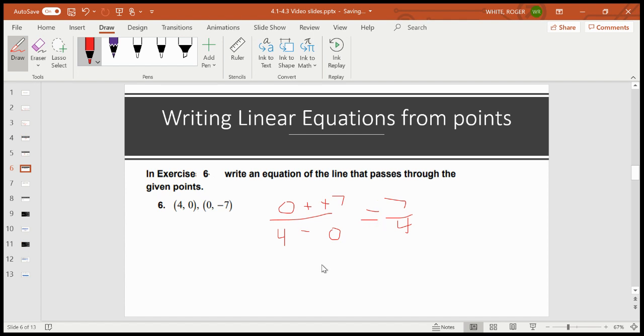So now we have our slope. And in this case, the y-intercept is given because x equals 0 in the problem. So our equation is going to be 7/4 x minus 7.